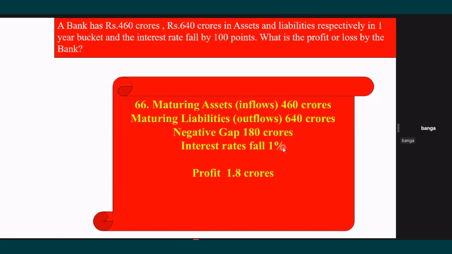Sir, why is there profit if the rate is falling? It is not written where it is falling, madam. Now you have to think logically: it's a negative gap. Negative gap means 180 crore negative gap. What does it mean? You have to arrange the funds. You have to procure these funds from the market by mobilizing fresh deposits.